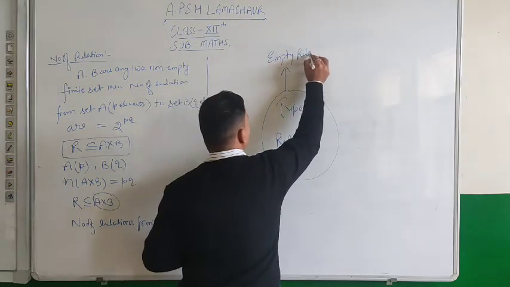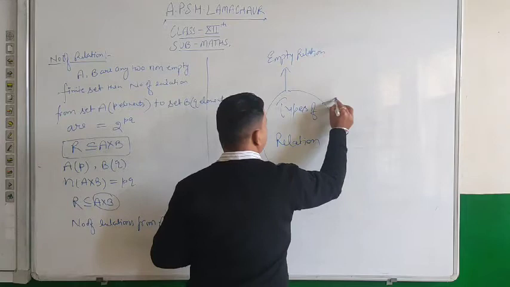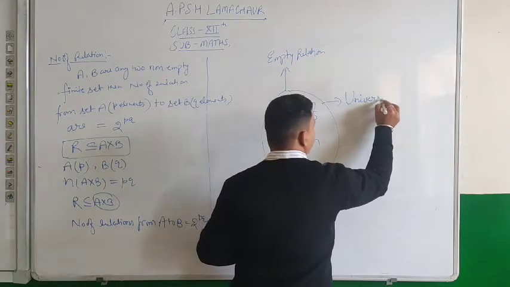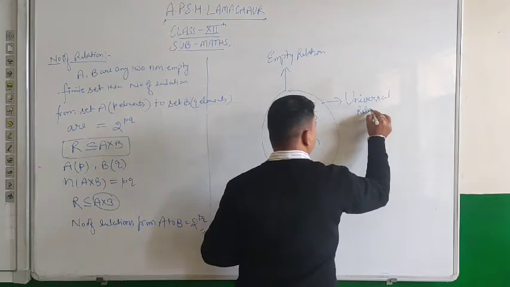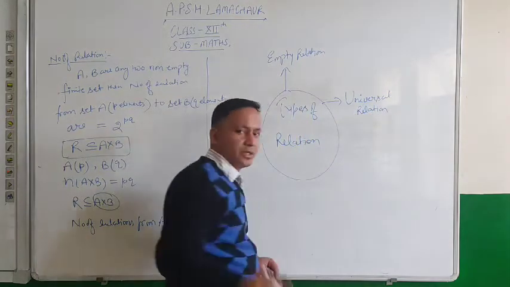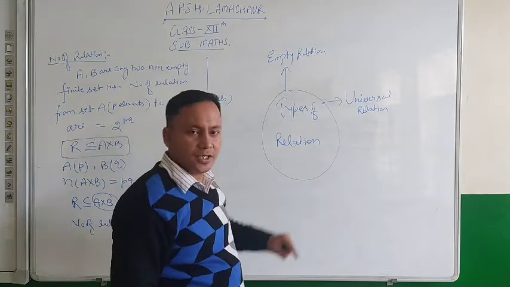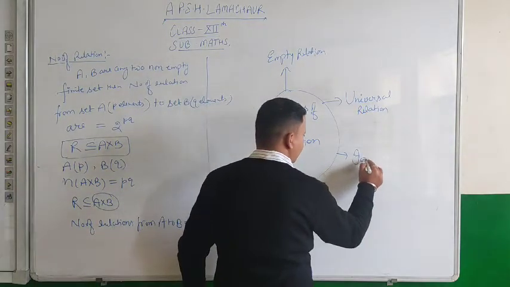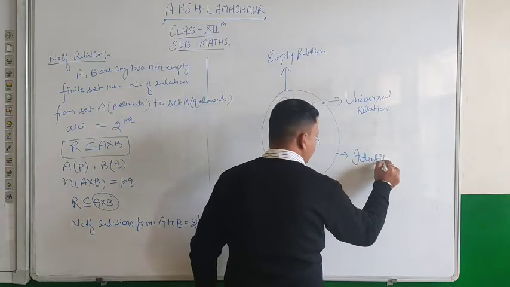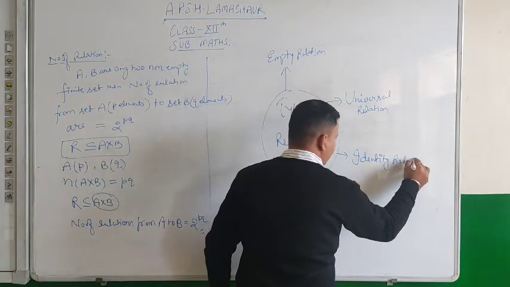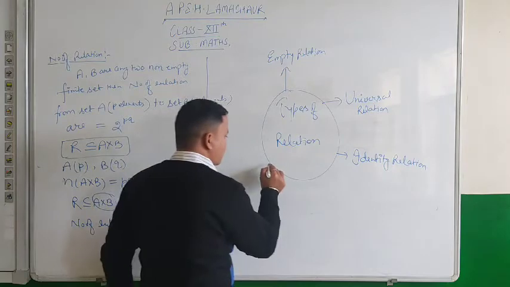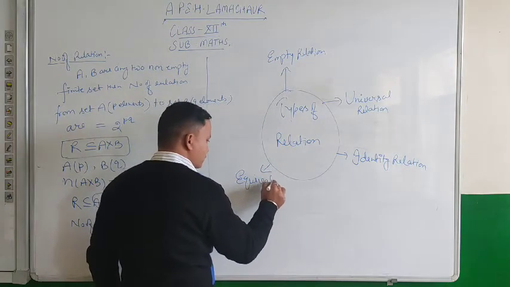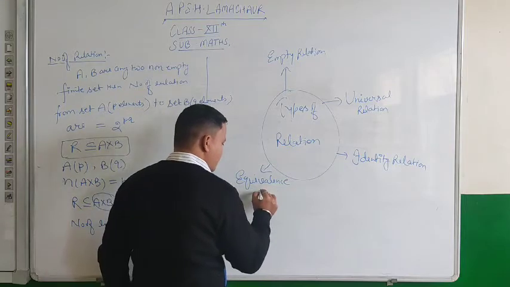The second type, universal relation. Okay, the first type is empty relation, second universal relation, third identity relation, and fourth equivalence relation.